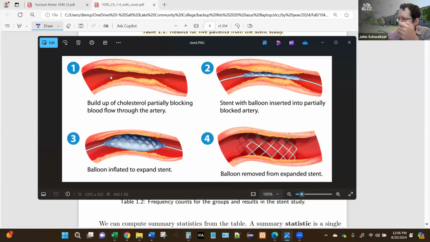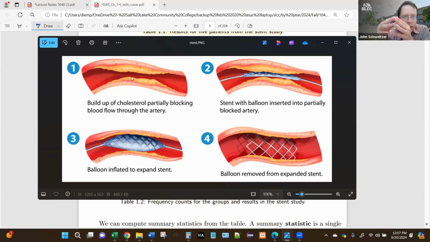So the arteries in your body carry the blood around, and as you age, they tend to have some cholesterol buildup. Especially depending on what kind of diet you have, you might have less cholesterol buildup, you might have more, but it is quite common. So as you can imagine, if you get enough of this cholesterol buildup, it can block the artery.